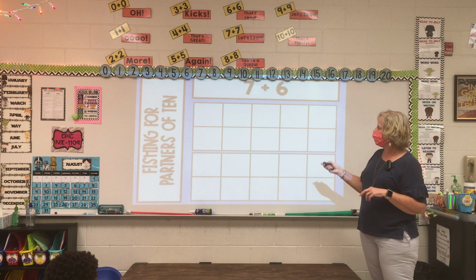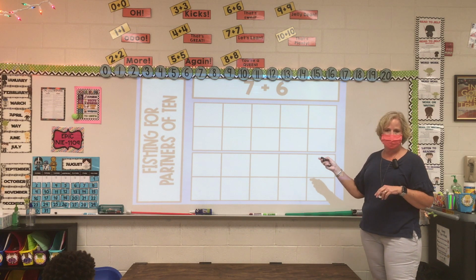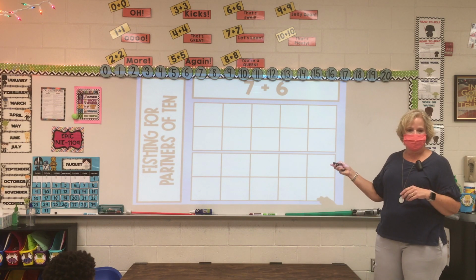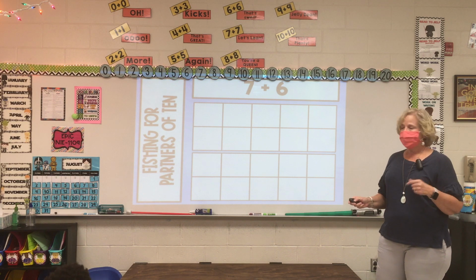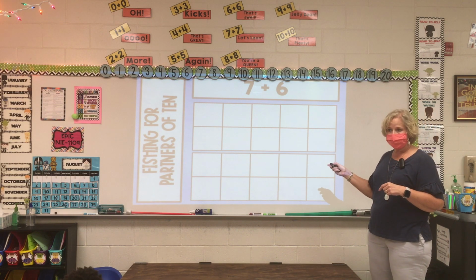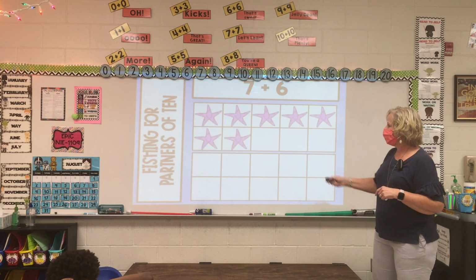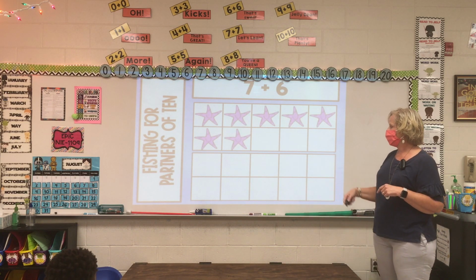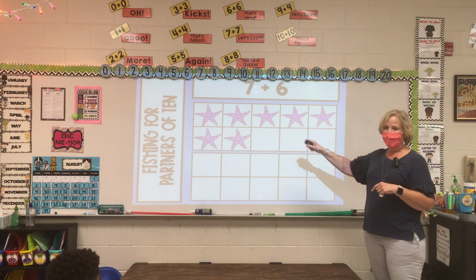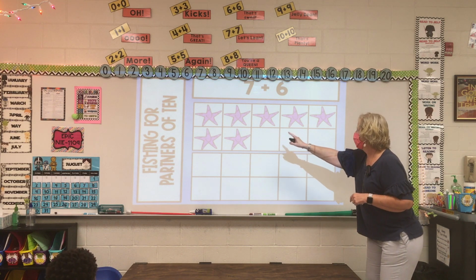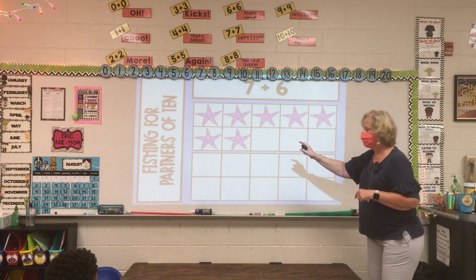So what we're going to do is look at our addition sentence. What is our addition sentence? 7 plus 6. Good. We're going to look at that on a 10 frame, okay? So I'm going to put 7 starfish in my first one. I don't have to count 1, 2, 3, 4, 5, 6, 7.